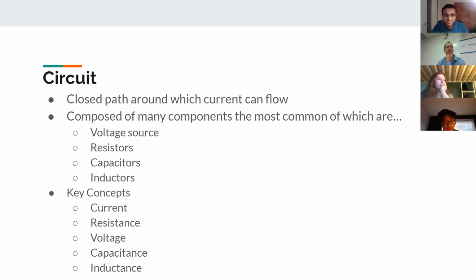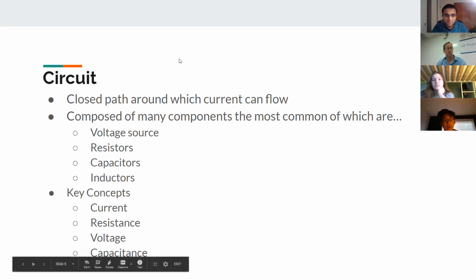Inductors are concerned with magnetism, and in terms of charge, you can also induct with another source of charge. The key concepts here are current, resistance, voltage, capacitance, and inductance, and today we'll cover them with some examples in real life.